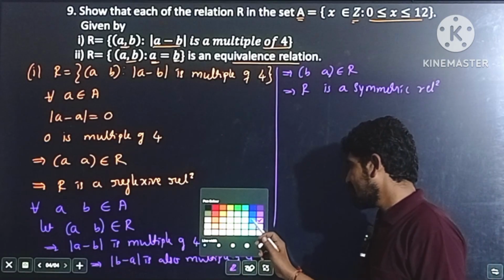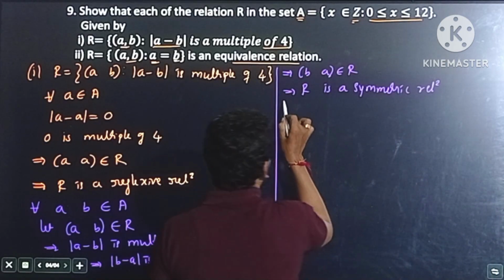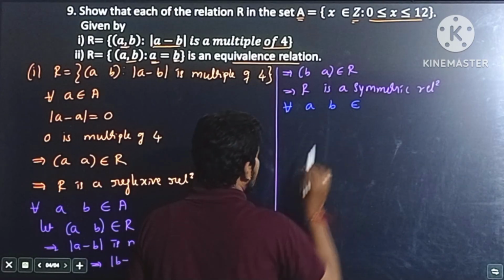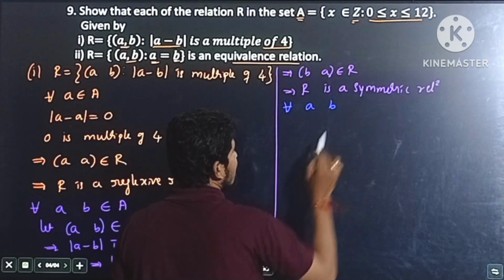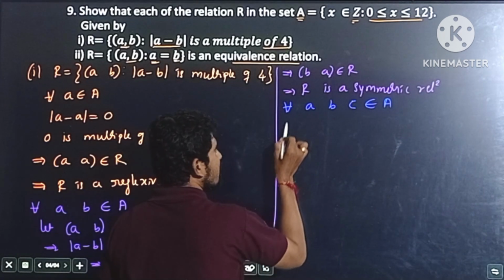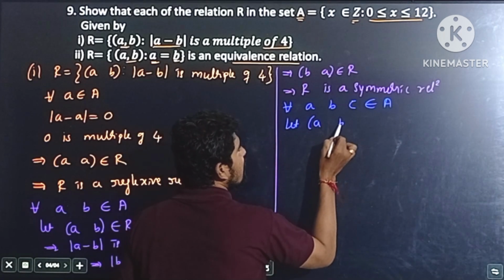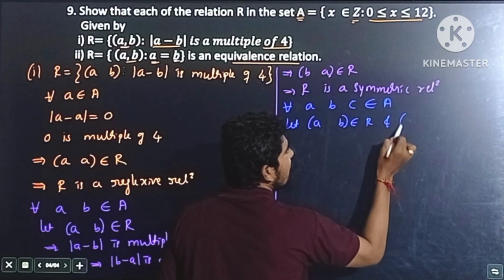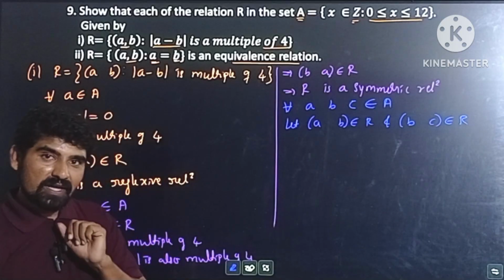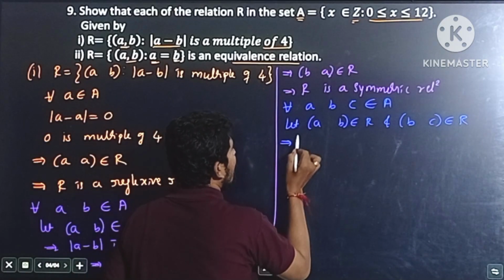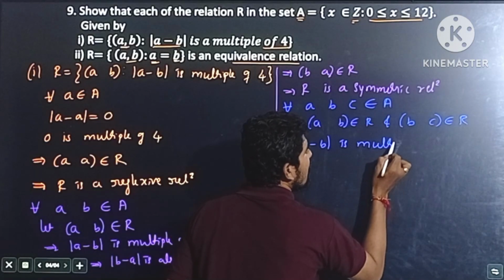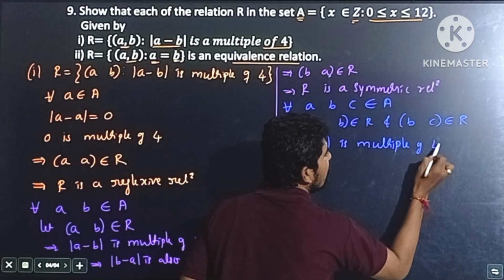Now for the transitive relation, consider three numbers. For all A, B, C belonging to the defined set A, consider two pairs. Let the pair AB belong to R and the pair BC belong to the relation R. If AB belongs to relation R, definitely modulus of A minus B is a multiple of 4.